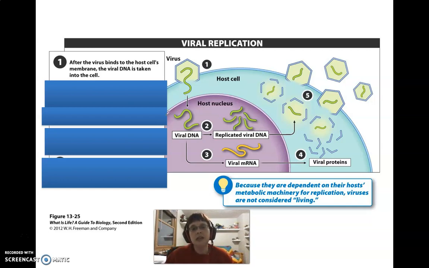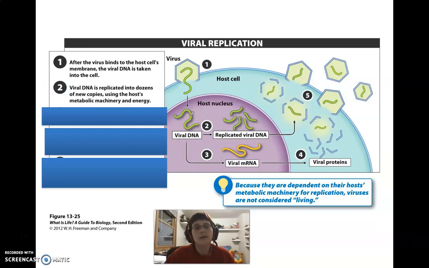Now you can tell that this is a eukaryote because we've got the nucleus, but this can happen to prokaryotes too. With the prokaryote, the DNA would just go straight to the chromosome. Here, the DNA is going to be taken into the nucleus, and they don't show it here, but the DNA is going to actually be put into the chromosomes of the host organism.